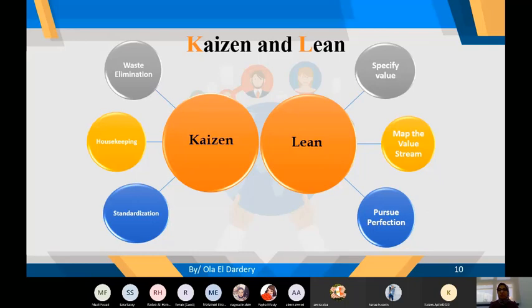We can also focus on making the value flow. The value flow is that after we map the value stream, we try to eliminate whatever waste comes in the way, the delay, and so on. As well, we can add to that, let the customer pull the value, because as we said, Lean is about creating what the customer wants. So you can see that the two of them, Kaizen and Lean, are very interrelated.